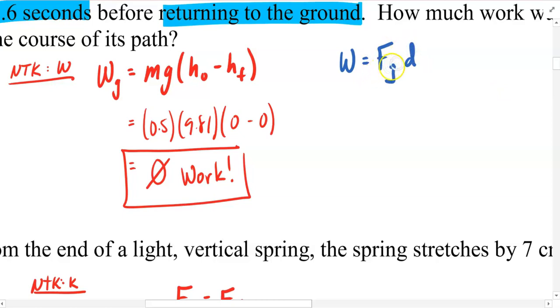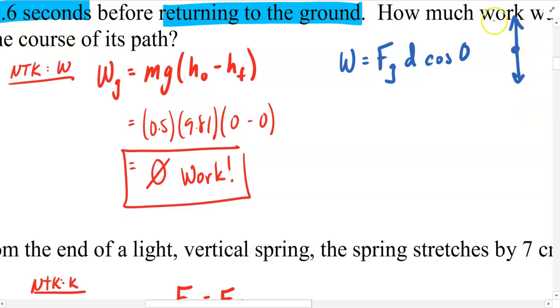The force of gravity times the distance that the object travels times cosine of 0. Now I'm saying cosine 0 because an object with respect to gravity is moving either up or down. So in this case, if we're moving up for a portion, we have negative work, and if we're moving down for a portion of time, we end up having positive work.